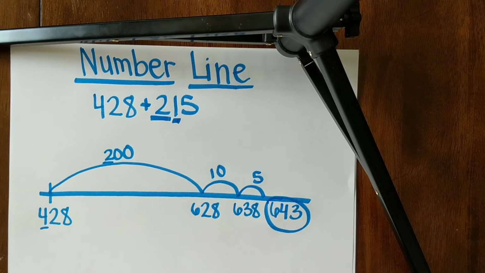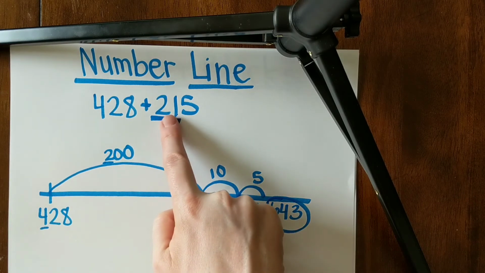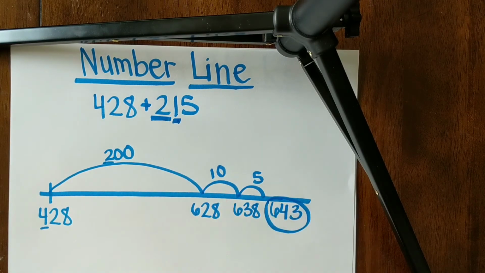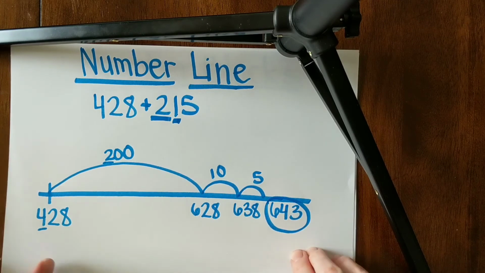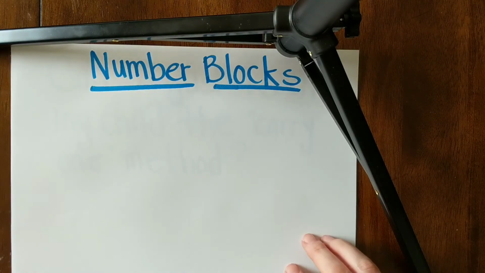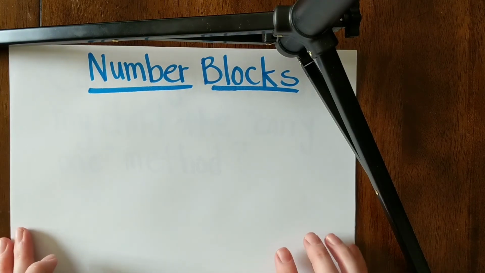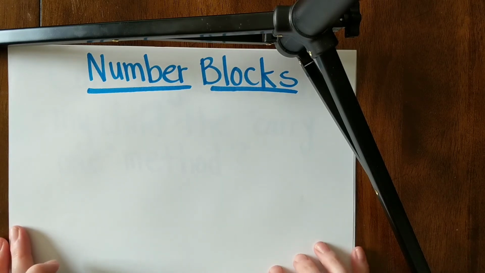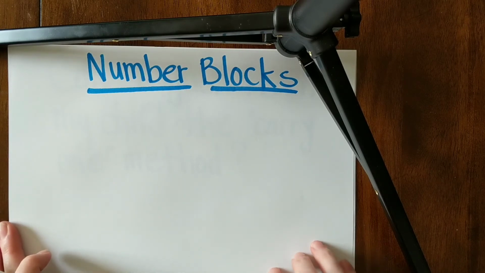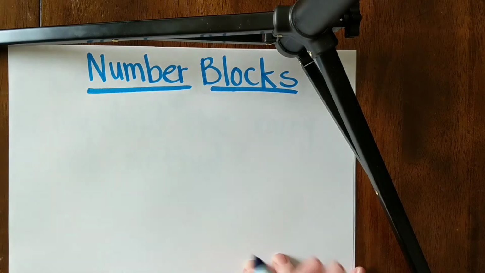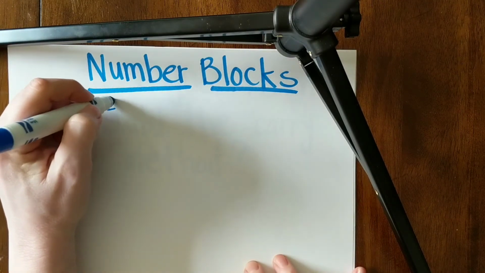Again, yes, it takes a little bit longer, but this might be another easy way for your student or your child to go ahead and understand how we're breaking that number up and what it means to add it that way, okay? The last strategy that might be the easiest for your child to understand, and notice I'm saying the easiest for them to understand, which isn't necessarily the quickest, but we want to make sure that they understand what it is that they are doing, is simply adding our number blocks.